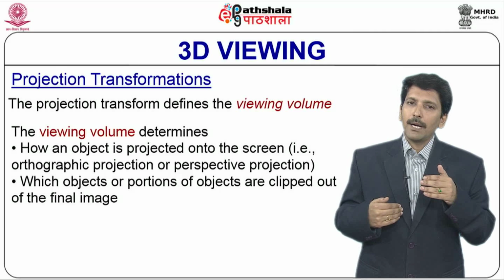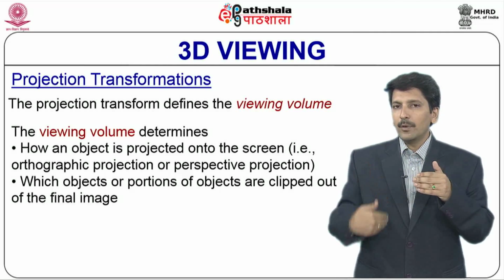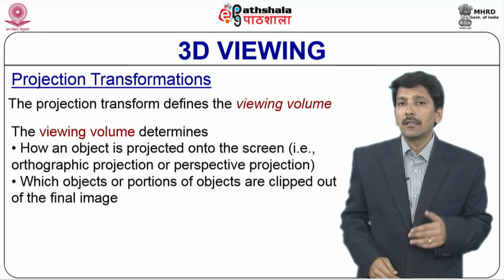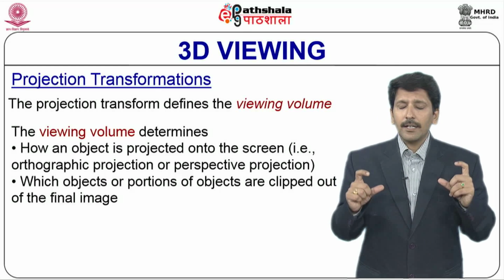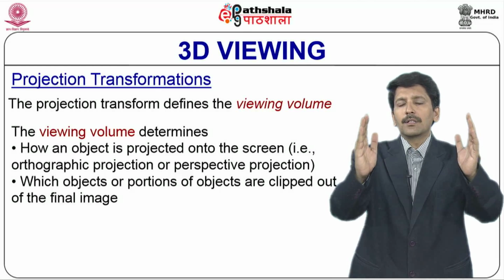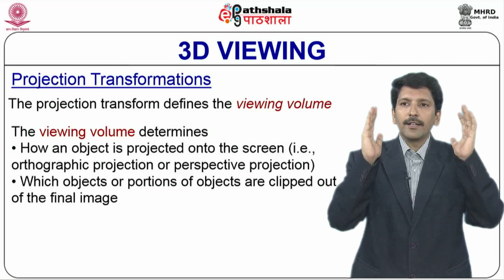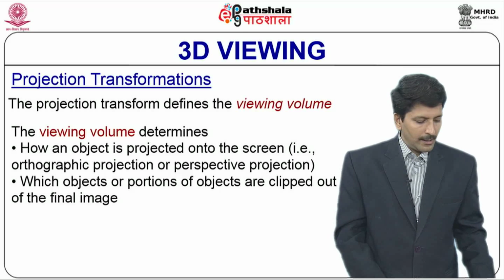From one 4 by 4 matrix to another 4 by 4 matrix, the coordinates get converted. So, from viewing coordinates to projection coordinates, the data gets converted. The essence and aim of projection transformation is simply to select the view volume, that is, to define the view volume, the shape of the volume.